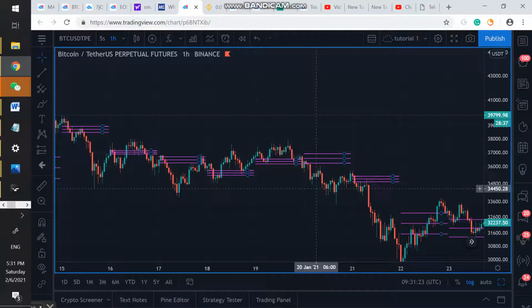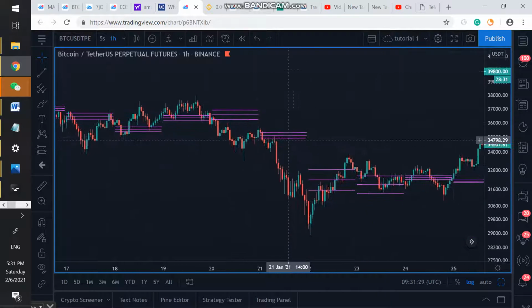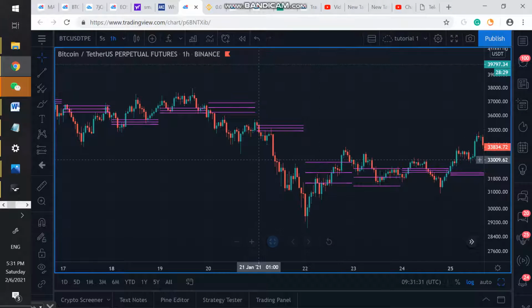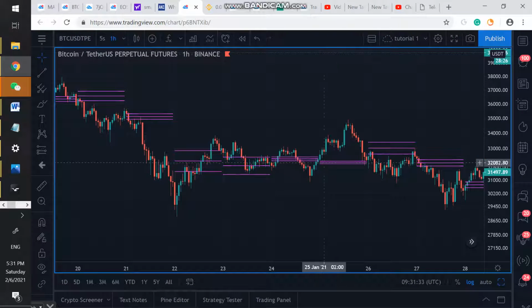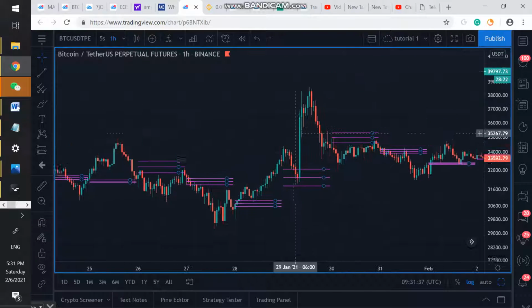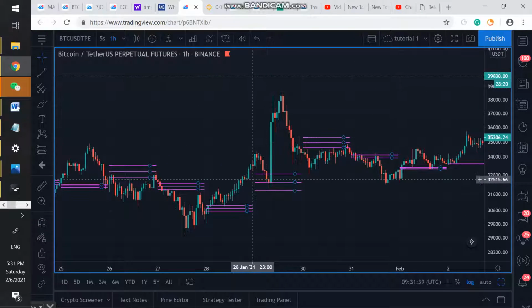See here? It's ranging, not a lot of big breaks here, but as the range gets narrow, the price is more likely to break out. When you see narrow CPRs like this, that's when price can really get away from the central pivot range. Even this one, it went way up, but still ended up way down.